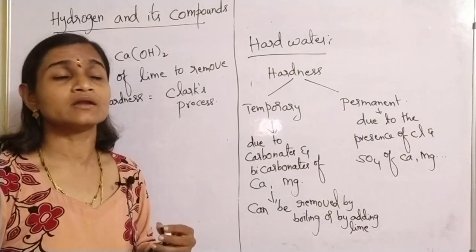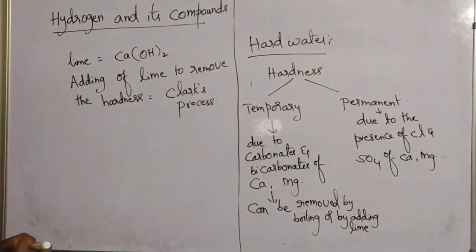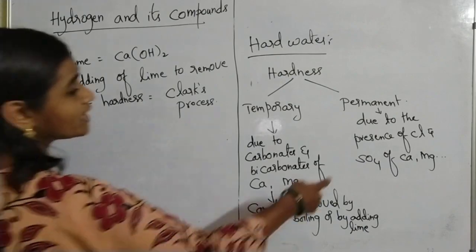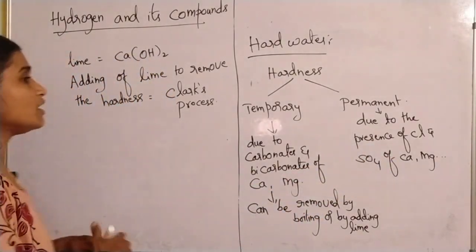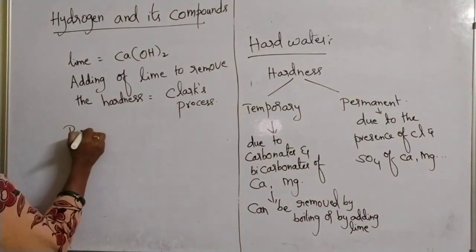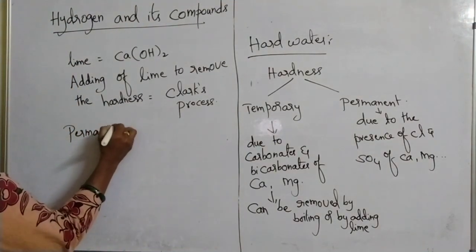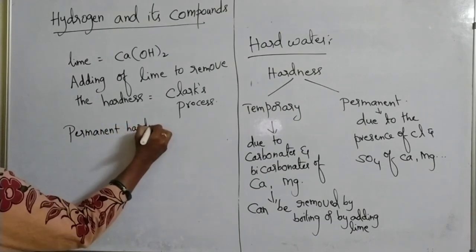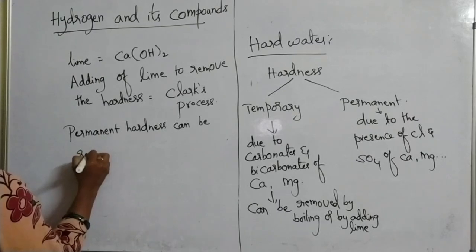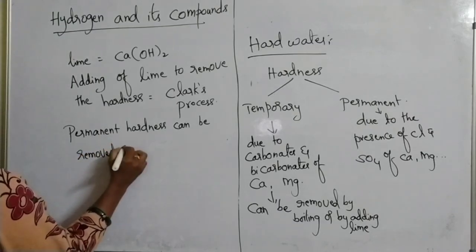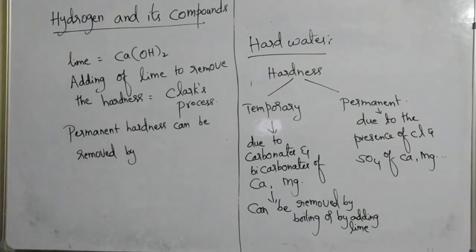Similarly, permanent hardness is due to the presence of what, I said? Chlorides and sulfates of calcium and magnesium. Permanent hardness can be removed by adding what substance?